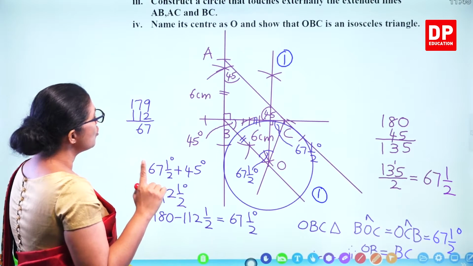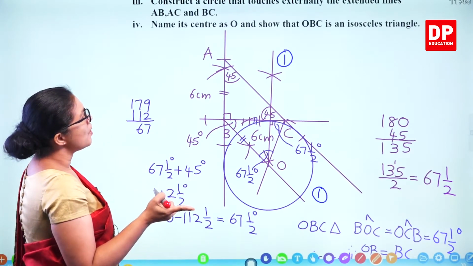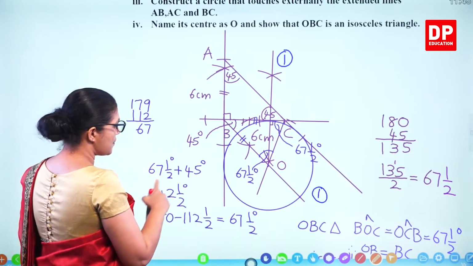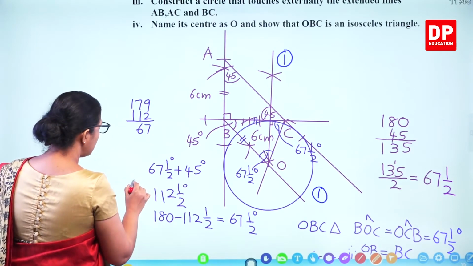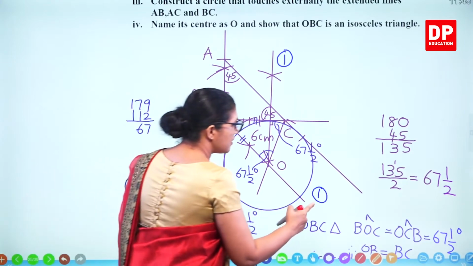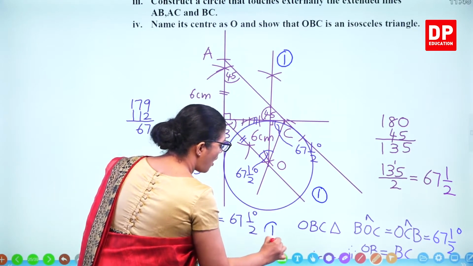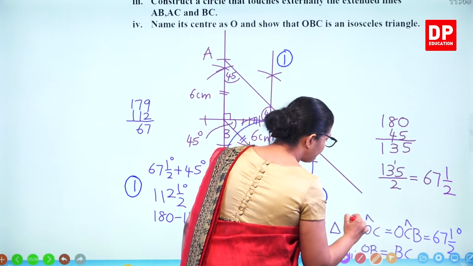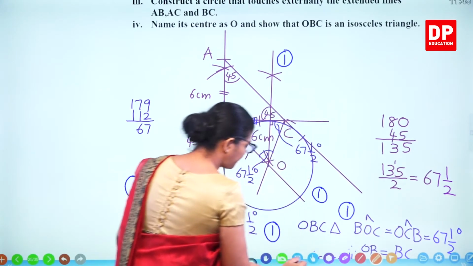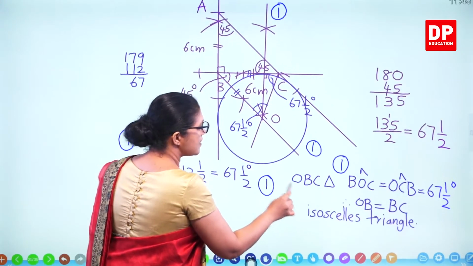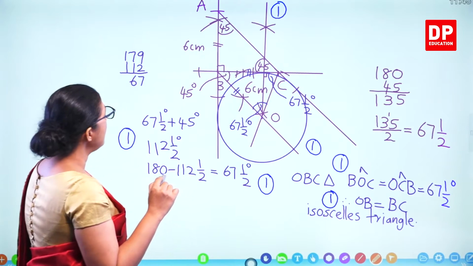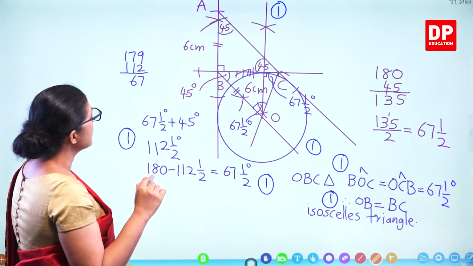And showing that this one is an isosceles triangle. So for all these steps, finding angles and showing that these two are equal, therefore the sides are equal, you can give 5 marks for that.